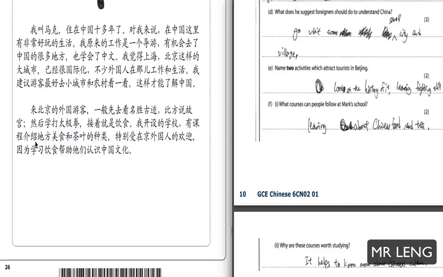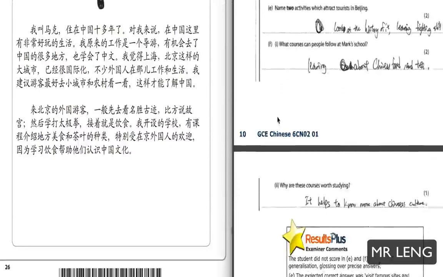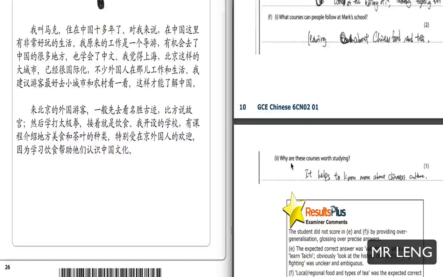课. If you don't know 课程, you know 课, which is lesson. Introduce the what? 地方美食, the local food or the regional food, and 茶叶的种类, the categories of tea, or you can say the types of tea. The last one. Why are these courses worth studying?